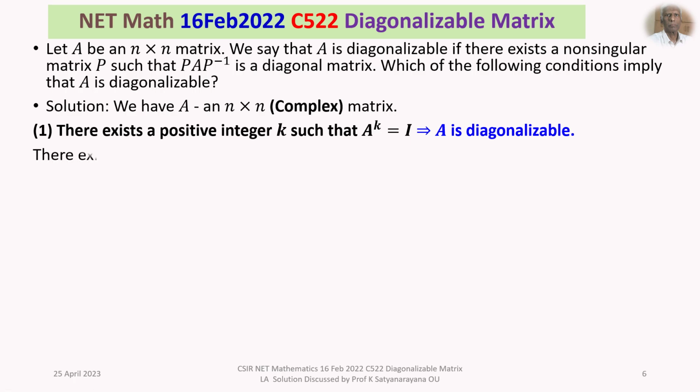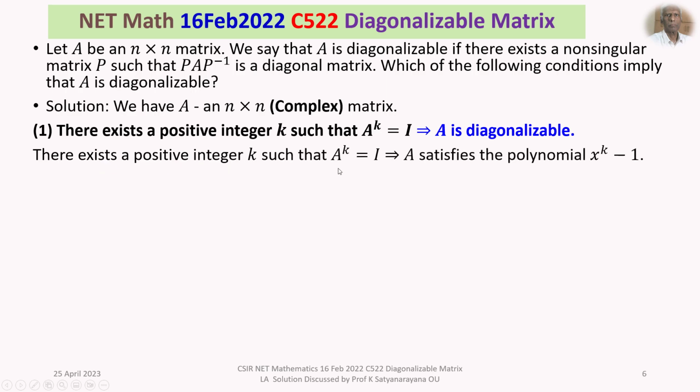So, there exists a positive integer k such that A power k is equal to identity. This implies A power k minus I is equal to 0. This implies A satisfies the polynomial x to the power k minus 1. Therefore, the minimal polynomial of A divides this polynomial x to the power k minus 1.